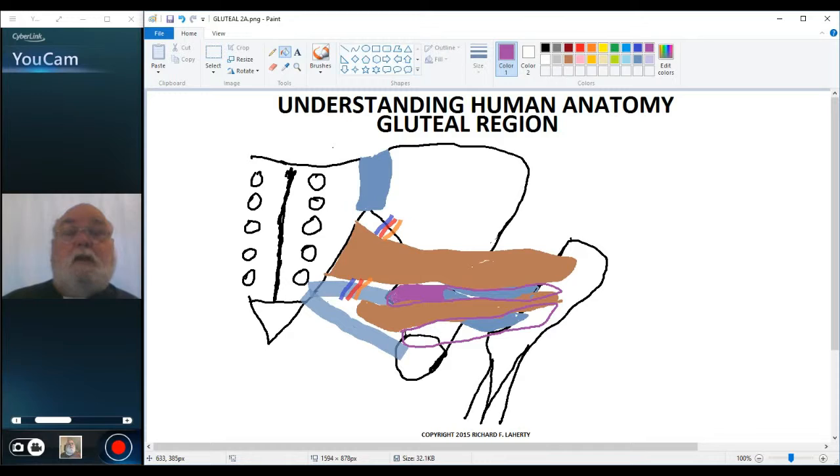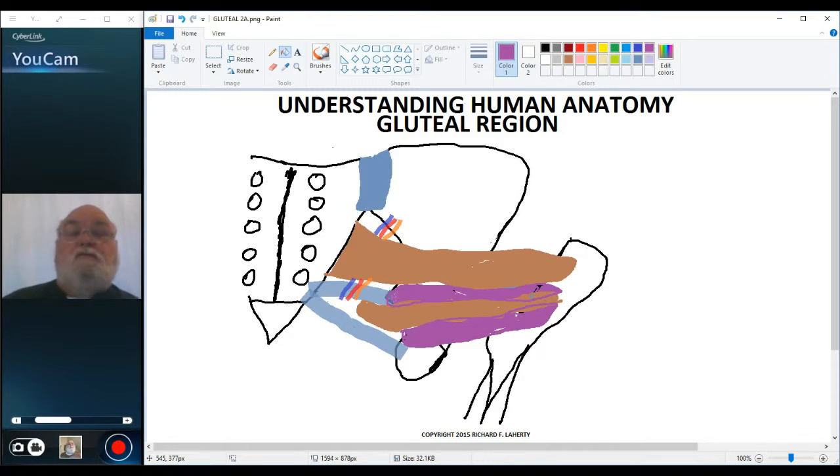The superior gemellus, which I'm coloring in right now, and then the inferior gemellus, filled in here.